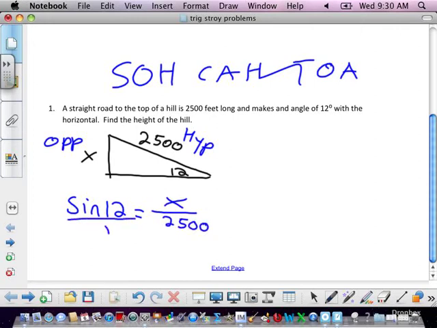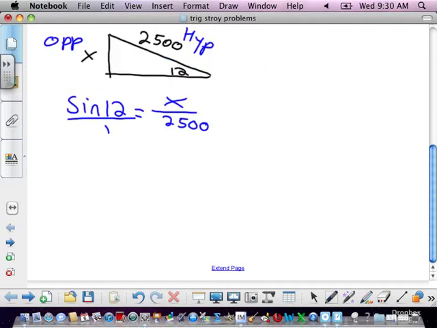Okay. Again, I'm going to do it using the trigonometric ratios paper. So that means I'm going to go for 12, look at sine. I get 0.2079 over 1 equals x over 2,500.